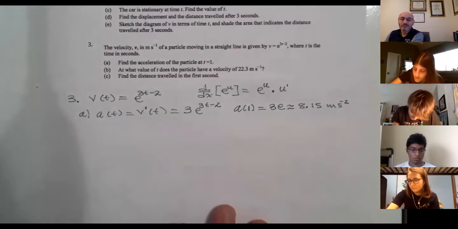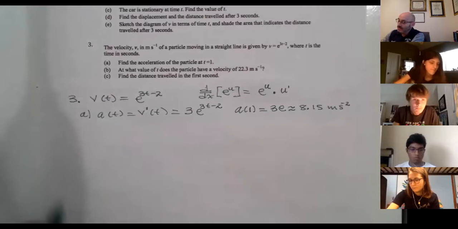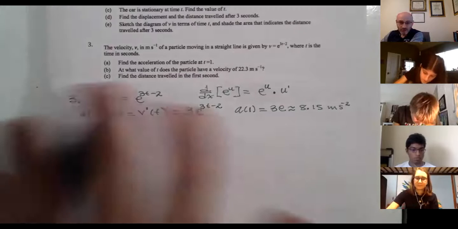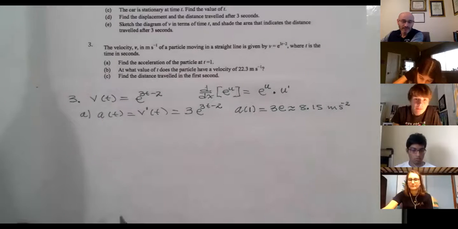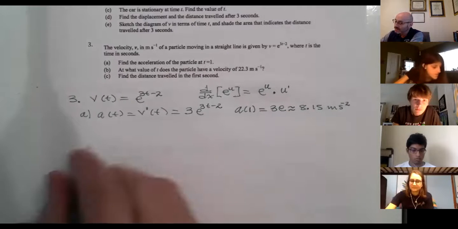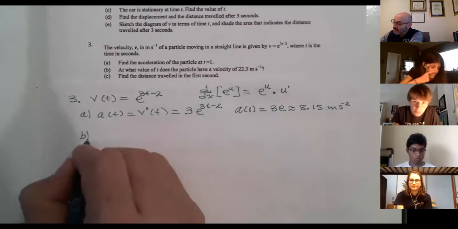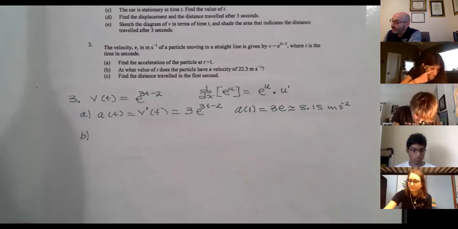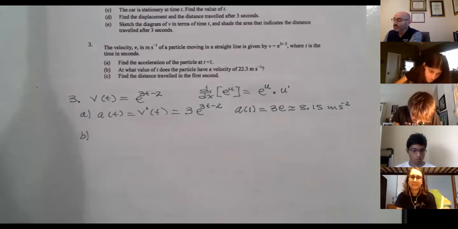Any question so far there? We're good? All right. That's nothing new. We have done that. Take the derivative of the velocity to get acceleration. So let's try B. At what value of t does the particle have a velocity of 22.3 meters per second?